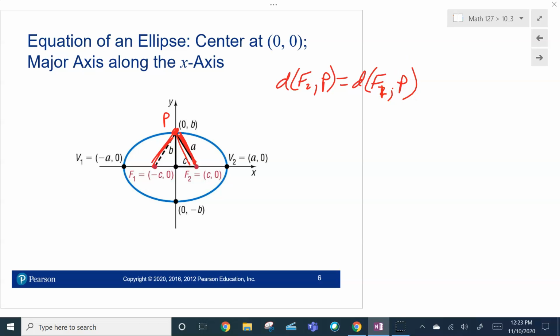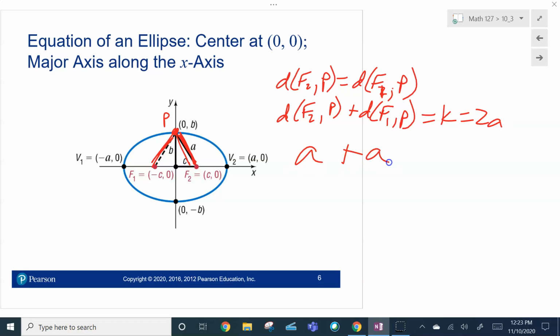When we add those up, the distance F2 to P plus the distance F1 to P, we know that's k, which is 2a. So that's got to be a, and that's got to be a, because they have to add up to 2a, and we know that they're equal.